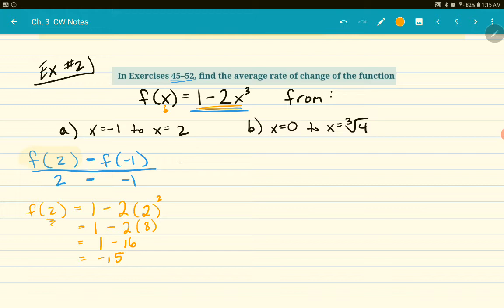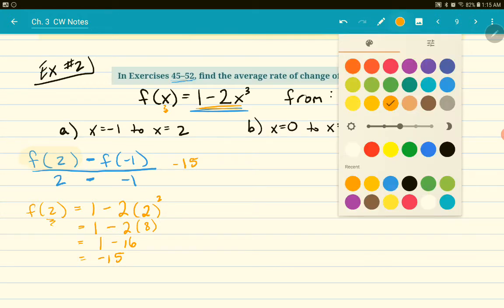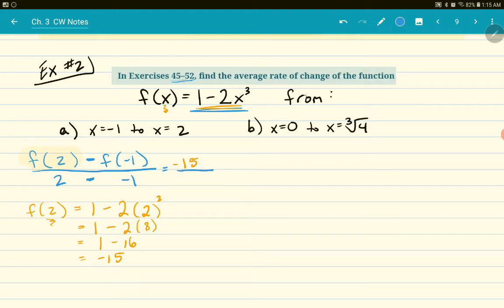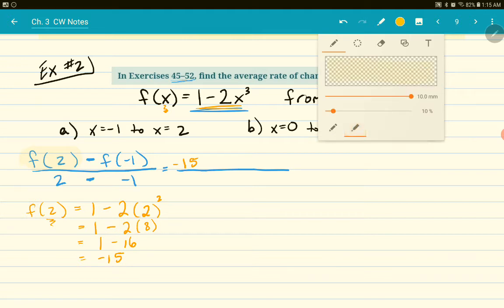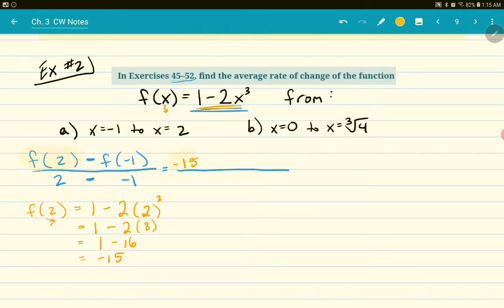So the first part of my fraction here is going to be a -15. So that's this part right here.